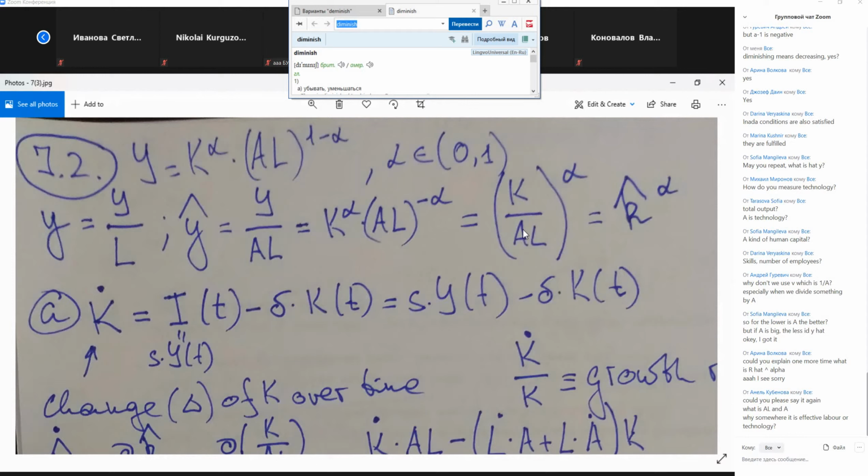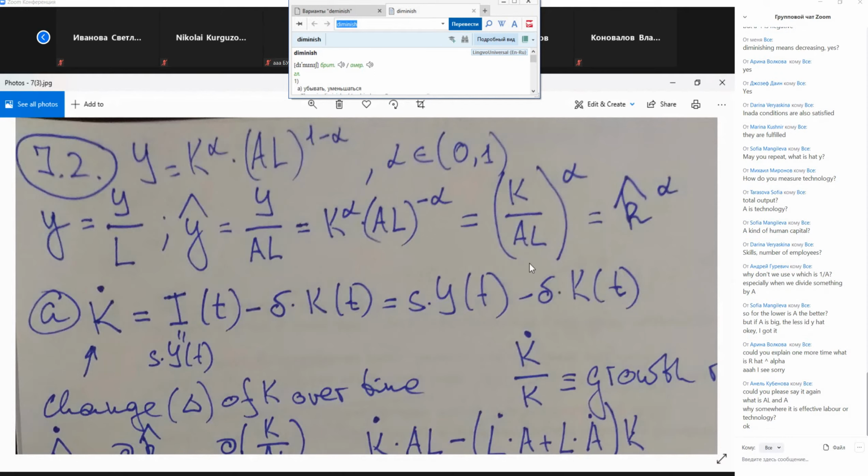So A is technology and AL is effective labor. So it's not just raw labor, not just one worker, but also the skills that one worker has, so to say. So here, for example, we see how much capital one worker has given his level of skills.